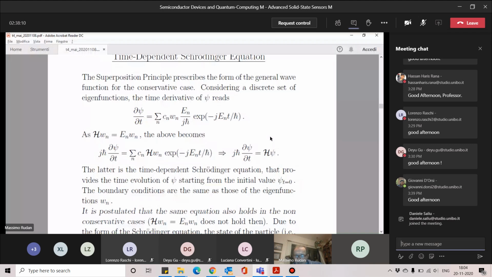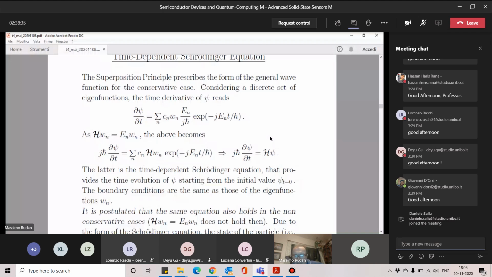However, in physics, there are also problems that are non-conservative, okay? For several reasons. For instance, because the forces depend on the velocities, okay, like in the electromagnetic field. Or because the Hamiltonian has some explicit dependence on time, okay?